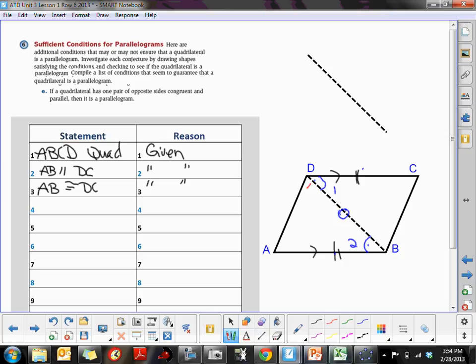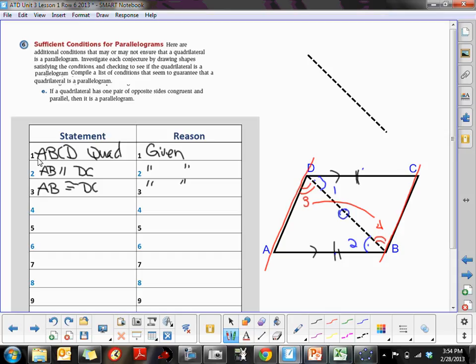So now I'm going to pick on these corresponding parts and name them 3 and 4. Angles 3 and 4 have to be congruent because they are corresponding parts of congruent triangles. And that forces the lines CB and AD to be parallel because 3 and 4 also happen to be alternate interior angles. And if alternate interior angles are congruent, then the lines are parallel. And then we end up with a figure that has both pairs of opposite sides parallel to each other. So there's the outline of the proof.